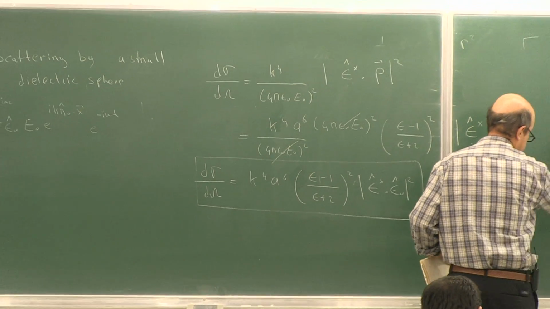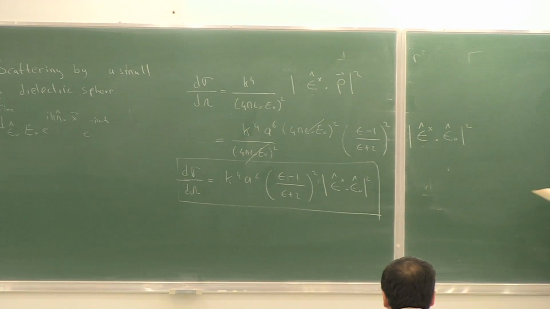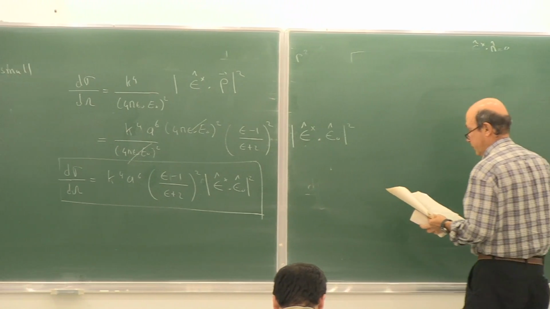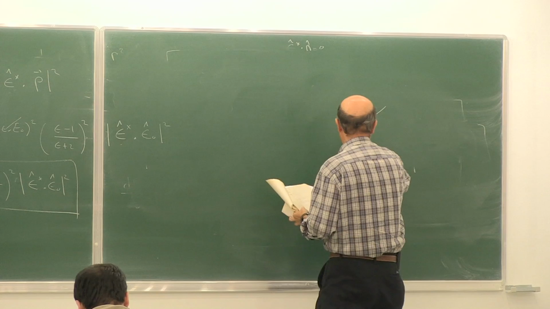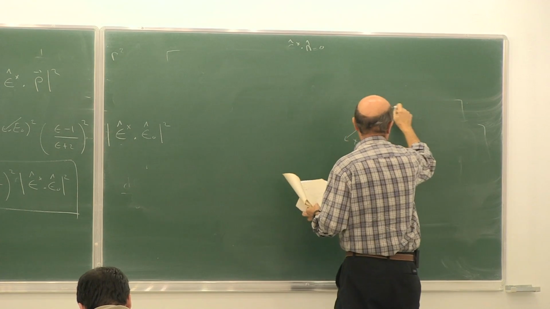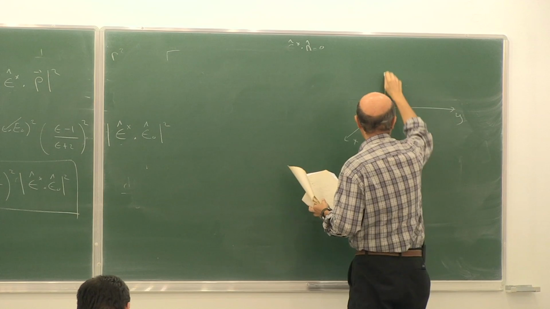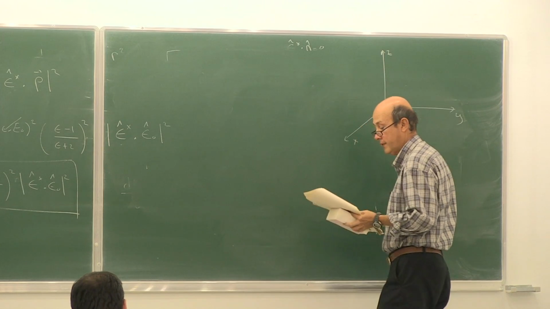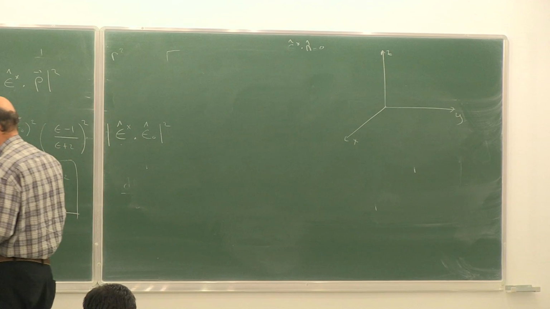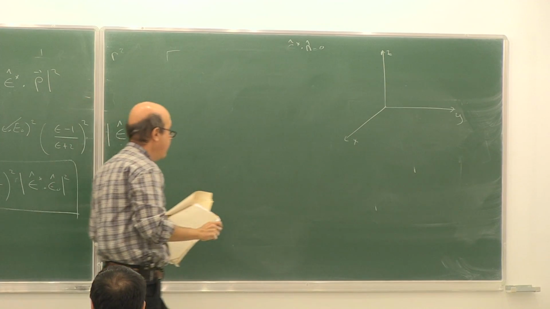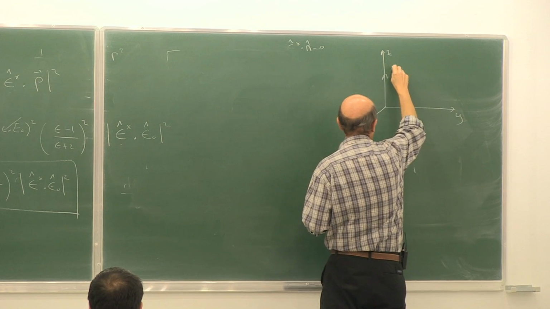Now let us draw a geometry. So let's say that x, y, and z. Let us take that the incident wave is along z-axis and 0.